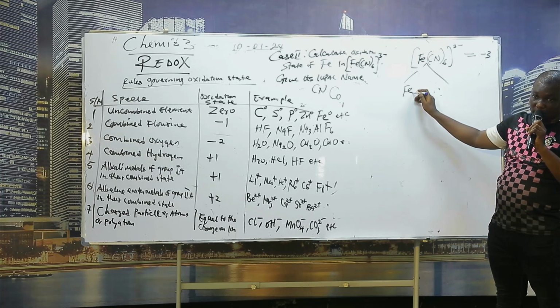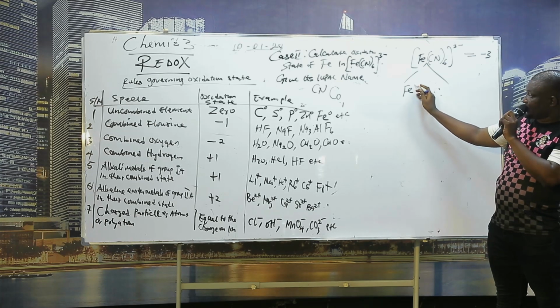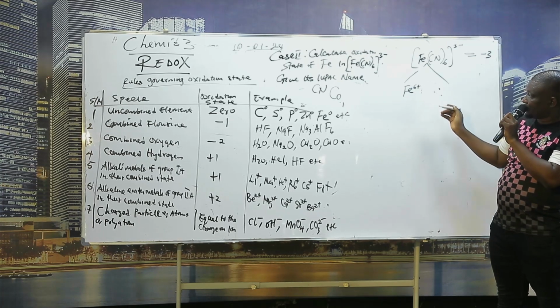Iron. If iron is the owner of the 6, definitely it would be plus 6. Can it have plus 6? Never, tentatively.